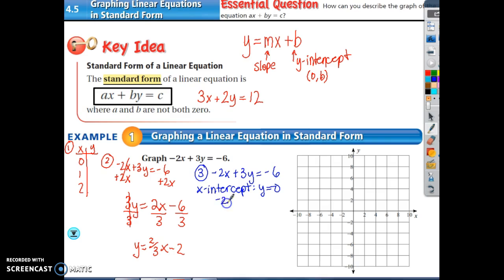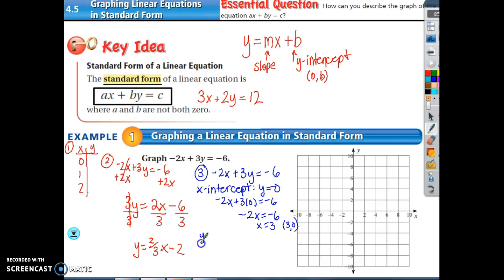I end up with negative 2x plus 3 times 0 is equal to negative 6. But 3 times 0 is just 0, so really this is just negative 2x equals negative 6, or x is equal to 3. So my x-intercept is at 3, or we have the coordinate 3, 0 on our graph.